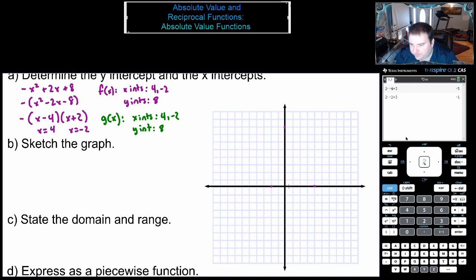So where is that? That's right here. This is our axis of symmetry. So I'm going to draw that in. Let's make that dotted, actually. There's our axis of symmetry.